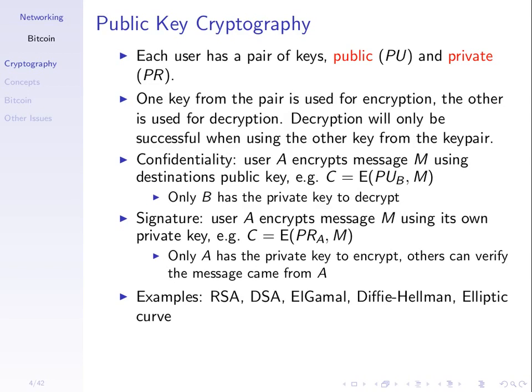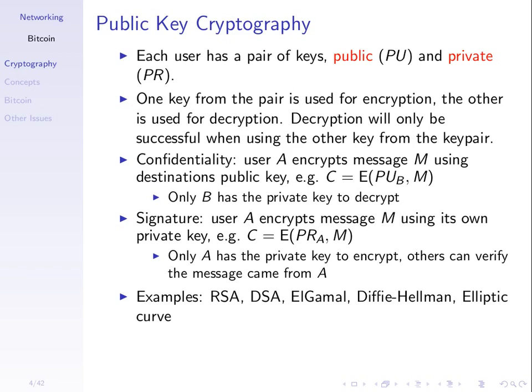And one of them is called the public key and one's called the private key, PU and PR. As the name suggests, the public key, you can tell anyone. You can make it public. The private key, you keep secret to yourself. If you don't, then it's no longer private and it's no longer secure.